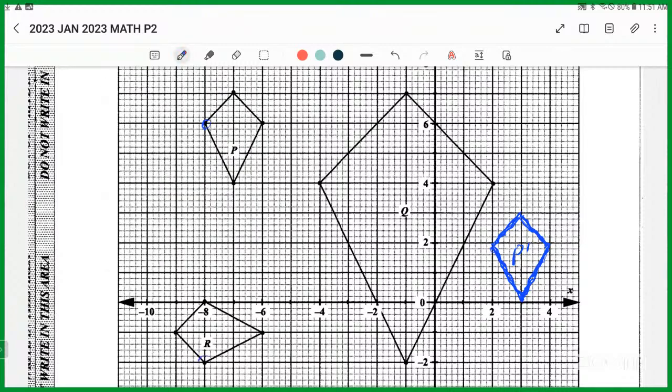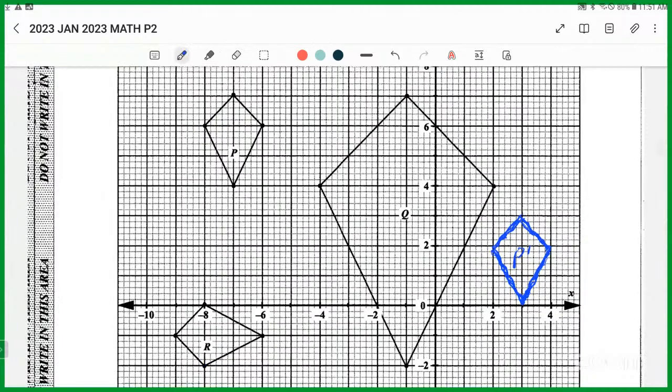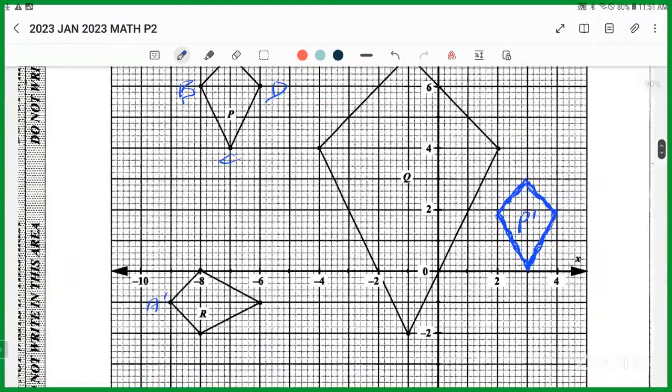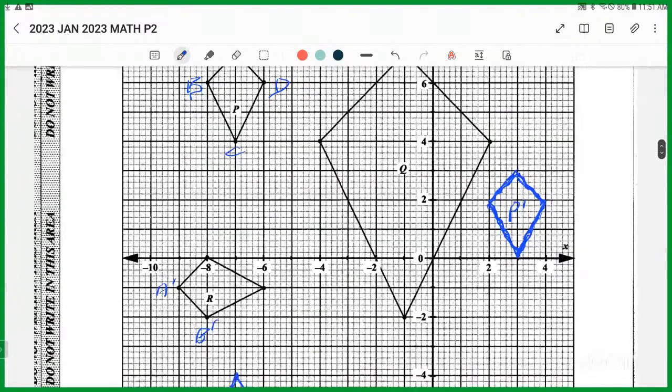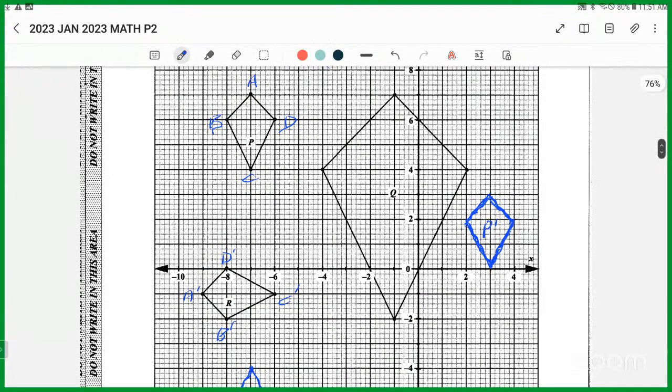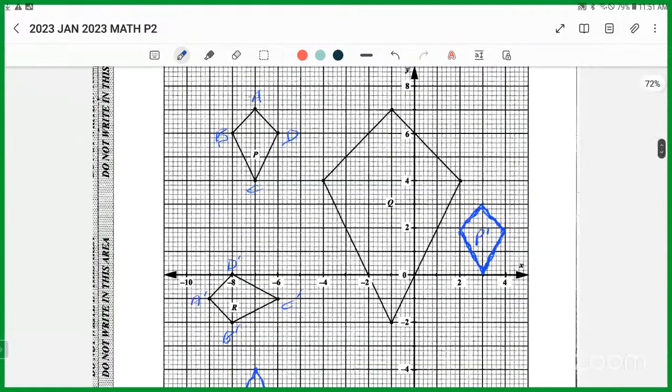If I label them A, B, C, D, then this is A prime, B prime, C prime, D prime. Can you see that? It goes around the object this way, around it this way.